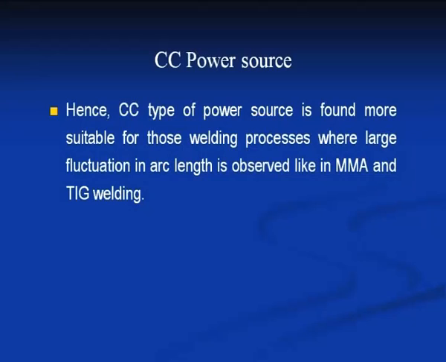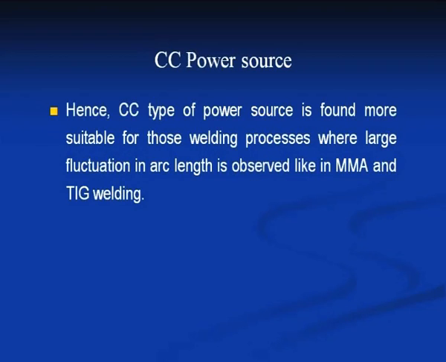Therefore, in constant current power sources, the welding current largely remains constant in spite of the fluctuation in the arc length and arc voltage, and hence the constant current type of power source is found more suitable for those welding processes where large fluctuation in arc length is observed, like in MMAW and GTA welding.